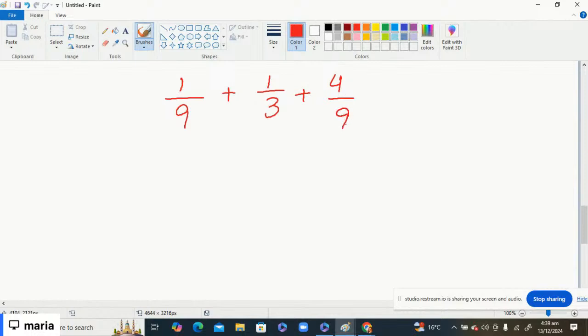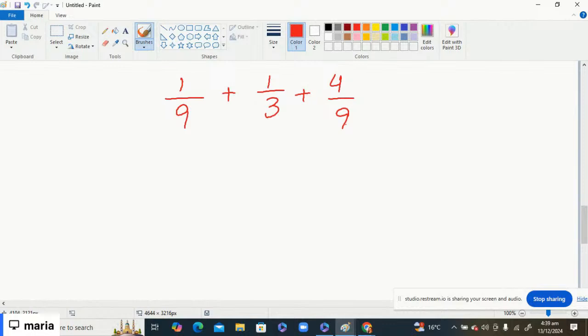Let's do it. Look at this one: in that question, both the denominators are 9. Only one is 3. Two denominators are 9, only one denominator is 3.